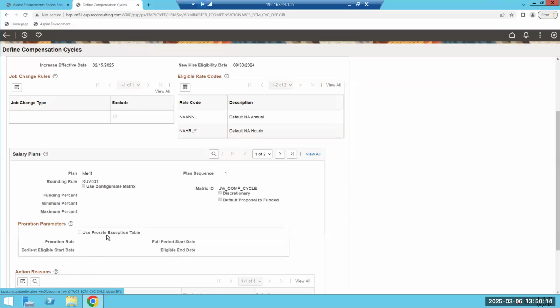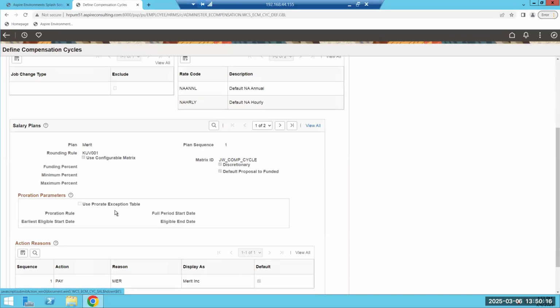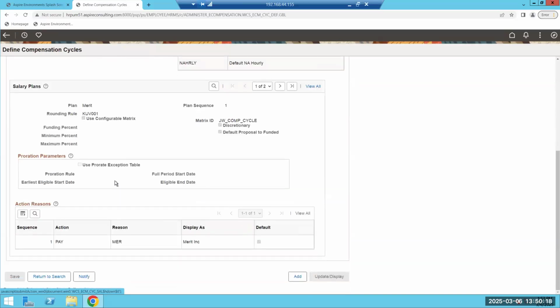There is also the ability to do proration. If you're needing to say, well, if they've only been here a portion of the time, then we want to be able to prorate. And then you give your action reason that should be used when you actually post the data to job.